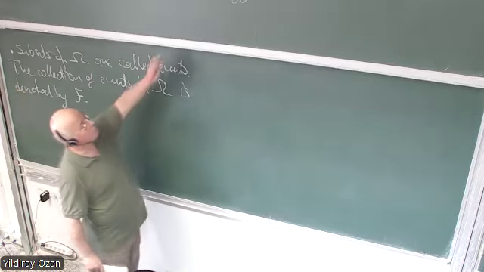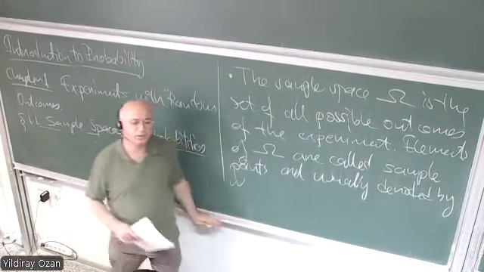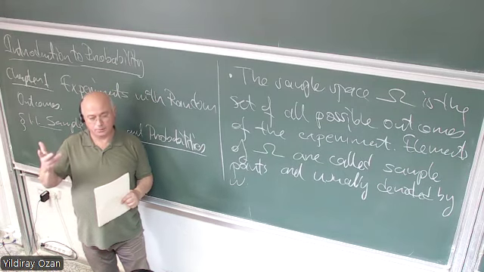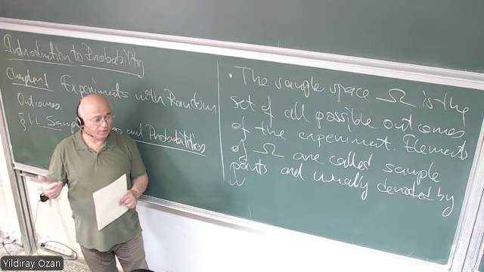So for example, if the experiment is flipping a coin, then there are two outcomes. It is either tail or heads, right?